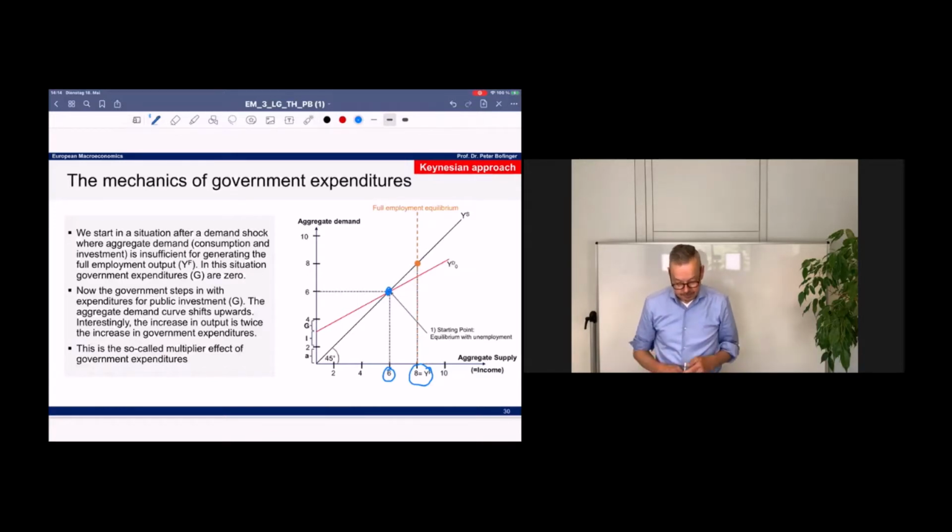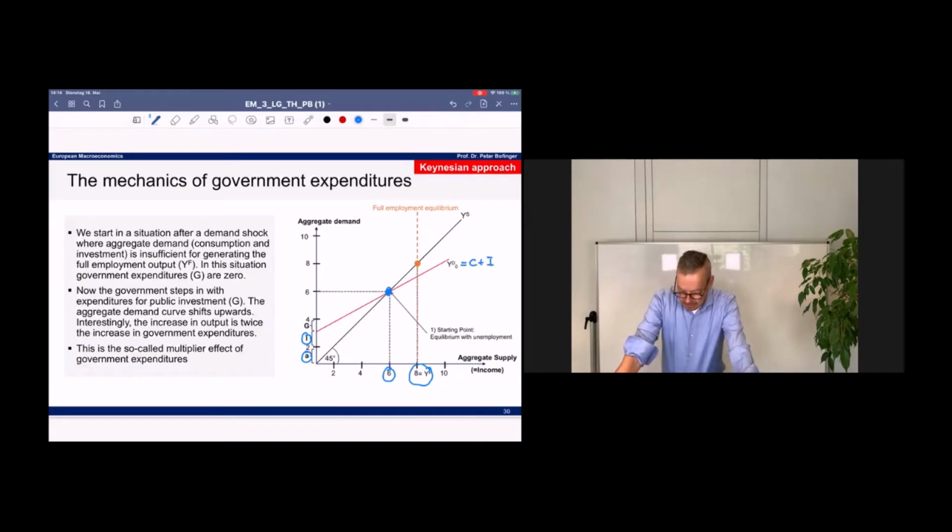And now the idea is the government has the ability to increase aggregate demand. So far, we assume that aggregate demand only consists of investment and consumption. So far, in this situation, we assume that government expenditures are 0. So far, the government has not become active.